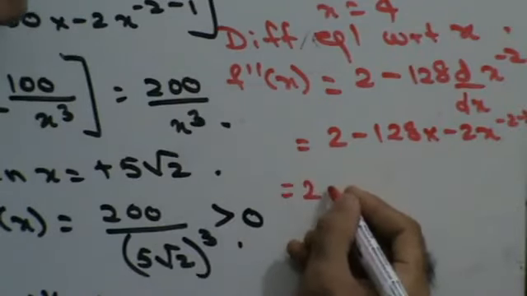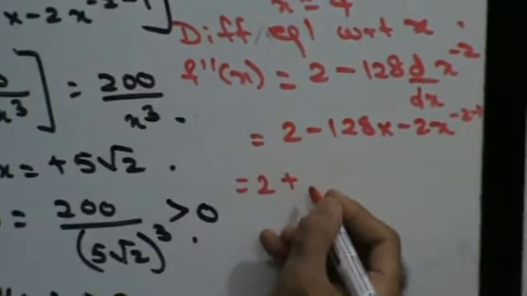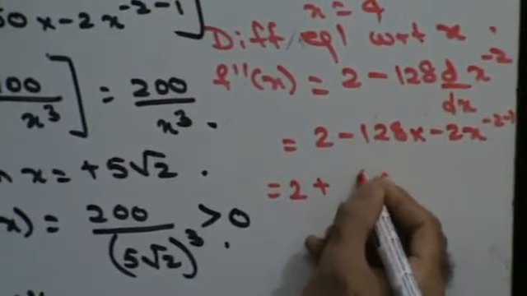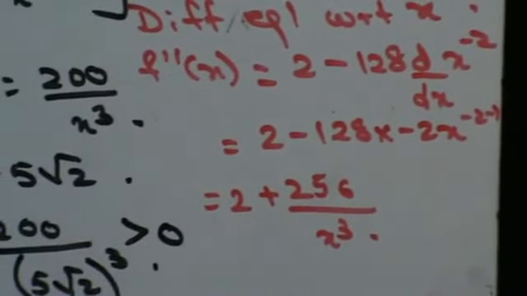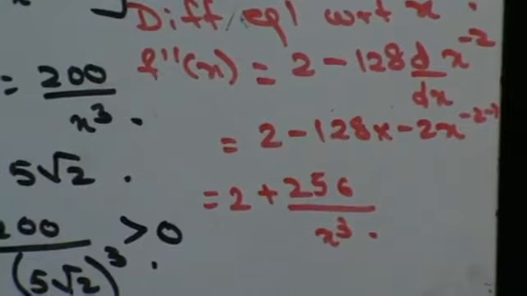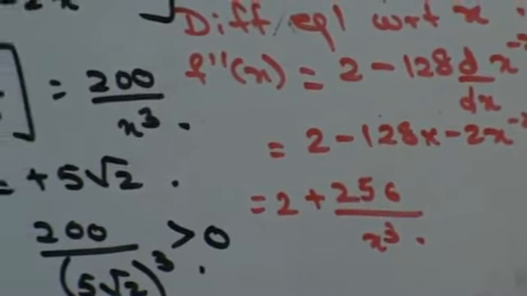So this is going to be 2, minus into minus plus, 256 upon x cube. Right? Now let's continue this here, guys. We've got f double bar of x as 2 plus 256 upon x cube, right?